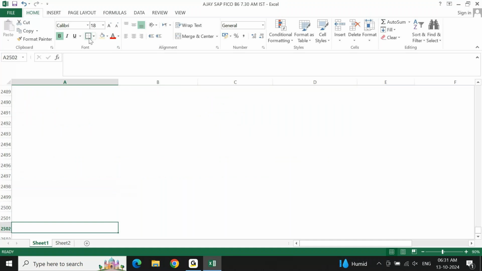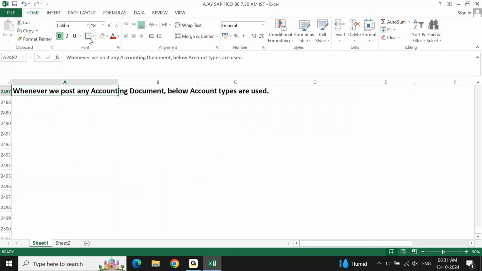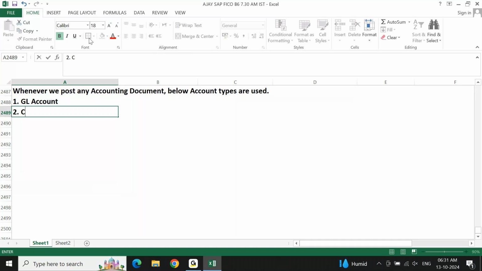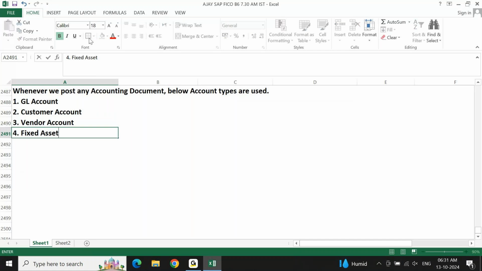Whenever you post any accounting document, below account types we will be using. First one is your GL account. Second one, let's say customer account. Third one, vendor account. Fourth one is your fixed asset account. These are the four account types which we will be using whenever we post any accounting document.